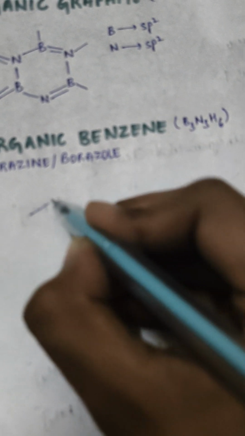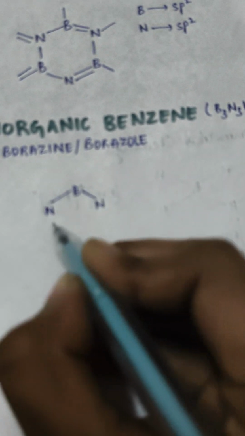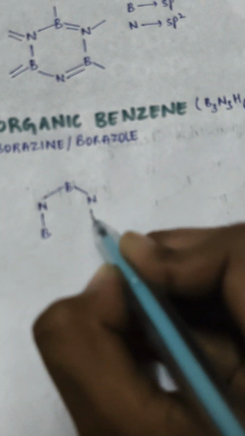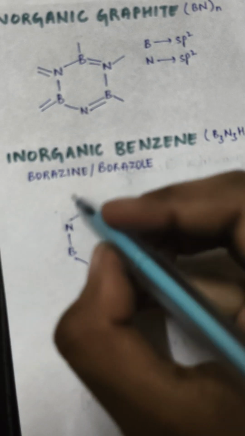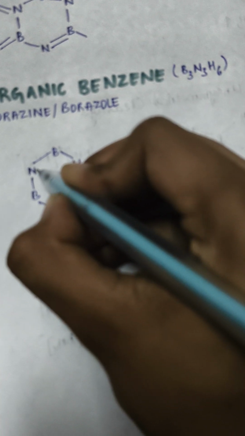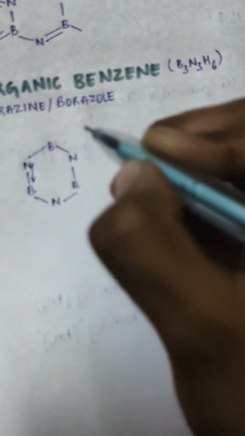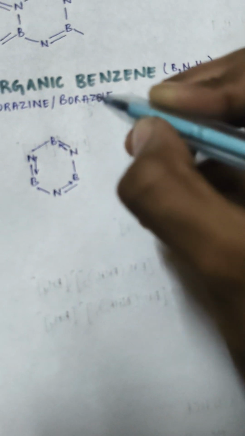It looks like this, and we know nitrogen has lone pair, so it gives to this, gives to this, and this gives to this.